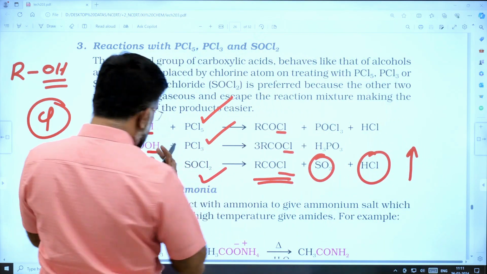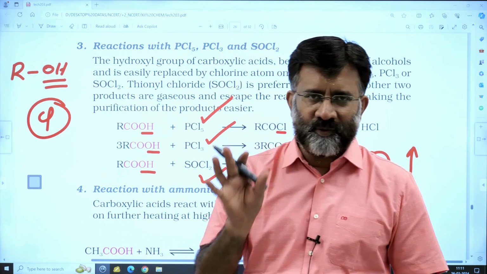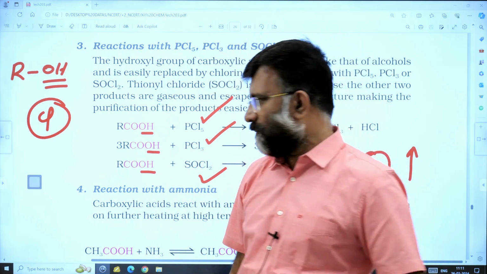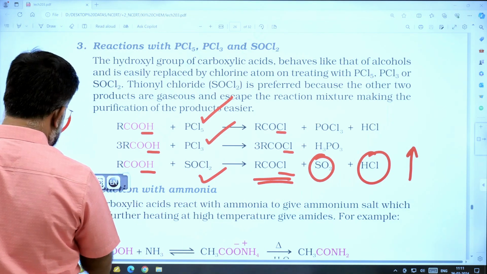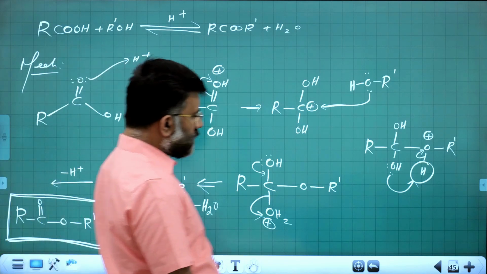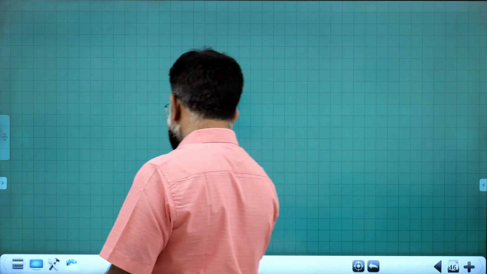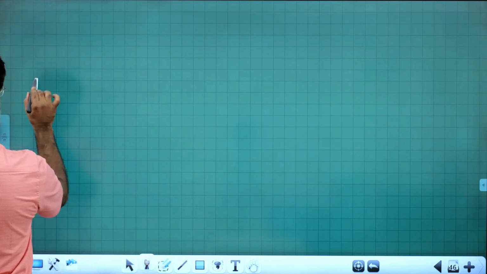So the way the alcohol OH group behaves, the carboxylic acid OH group will behave. That's it. Simple. Next is reaction with ammonia. A carboxylic acid reacting with ammonia gives amide.